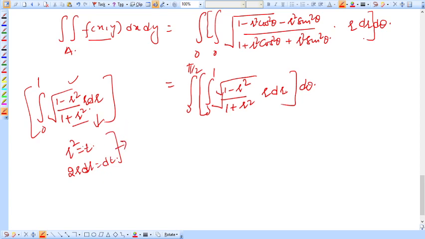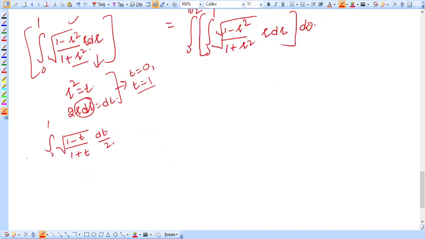You have put t is equal to r square, so t would be equal to 0 when r is equal to 0, and t would be equal to 1 when r is equal to 1. So the limit would be the same, no change in the limit, and here you will have to write 1 minus t divided by 1 plus t. In place of r dr you are going to write dt by 2. So the 2 can be taken out.